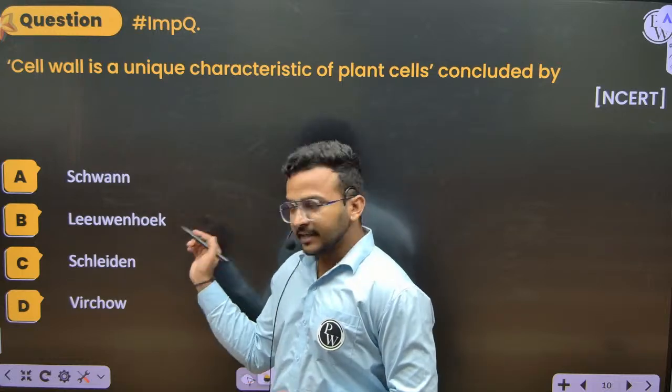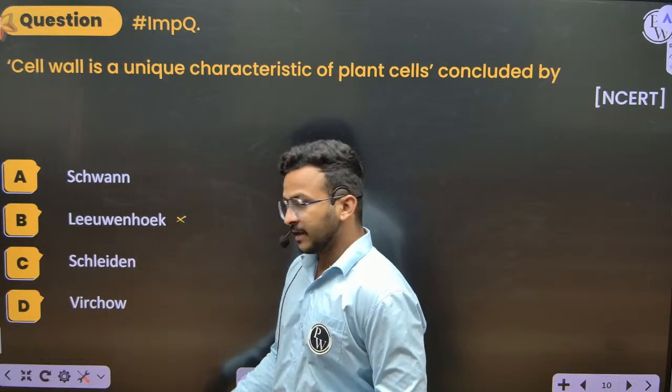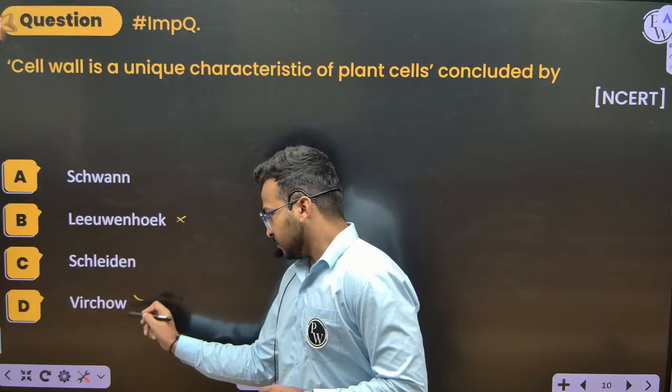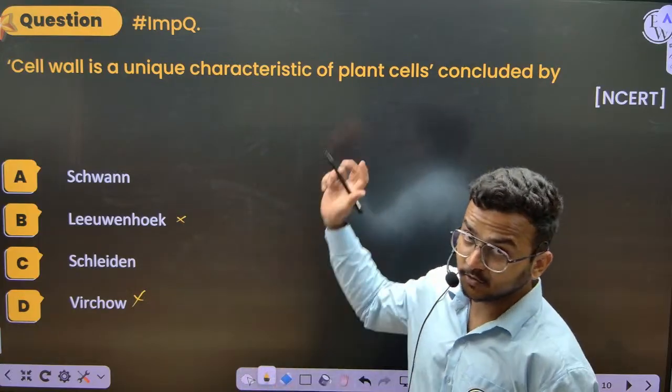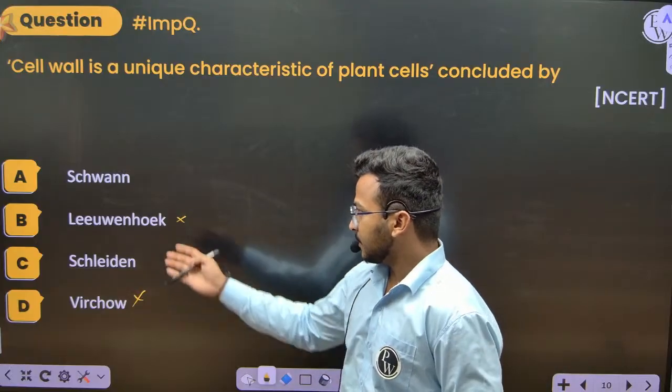You can easily eliminate Leeuwenhoek; he discovered the live cell. Rudolf Virchow made the modern cell theory, which is not related to the plant cell. So what is left is Schwann and Schleiden.